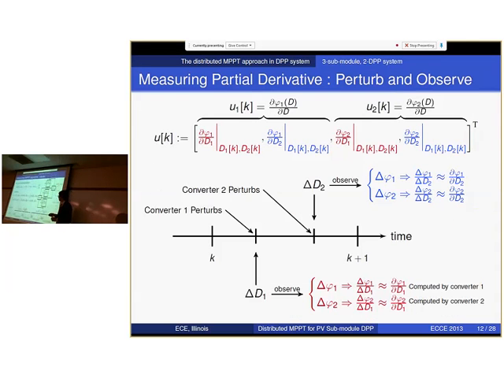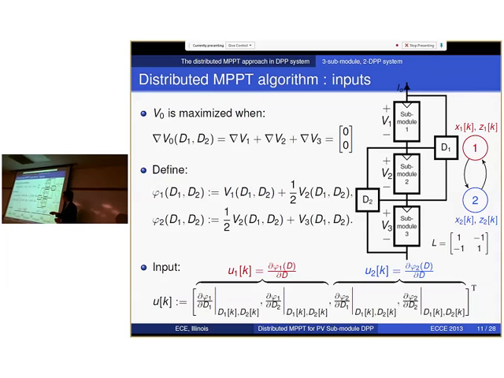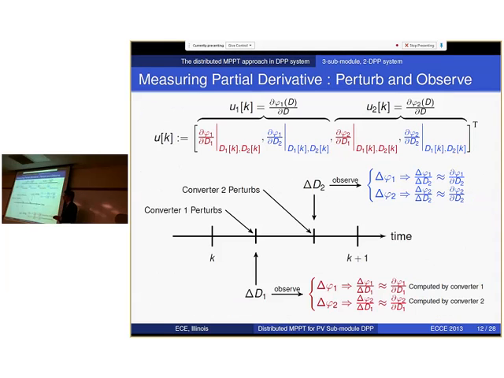And the only remaining question here is how do we actually measure the partial? Because what we can measure is actually voltage. To do that, here's the timeline of the system operation. After each round of information exchange, converter 1 will perturb its duty ratio by a small amount of delta D1, and all converters will observe the resulting change in their phi function, and they can approximate the partial as the ratio of change.